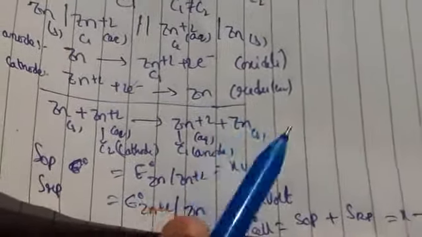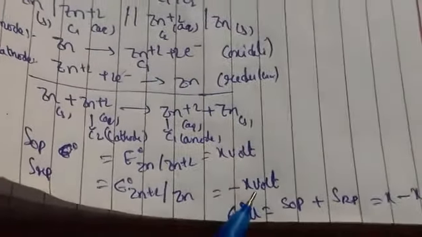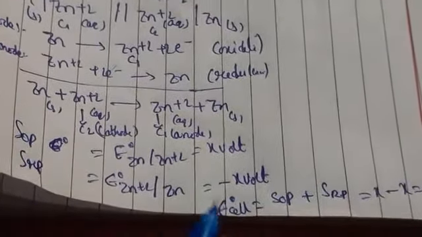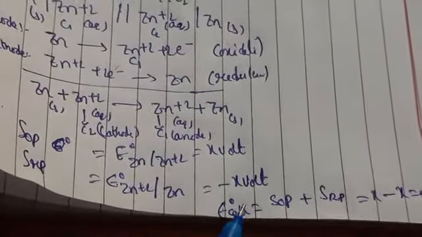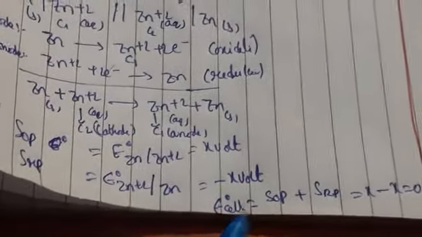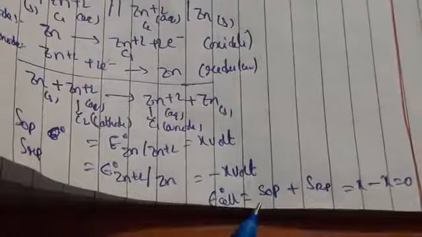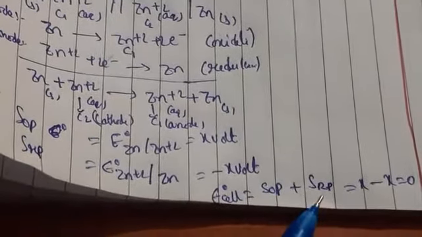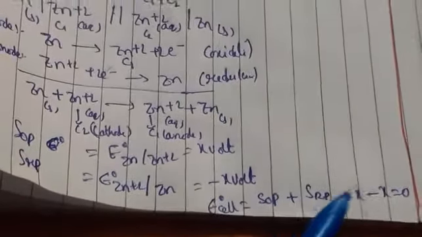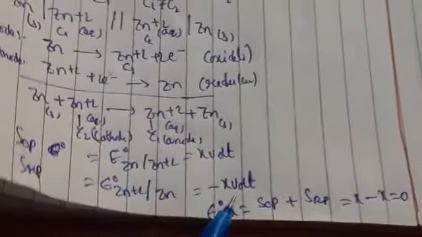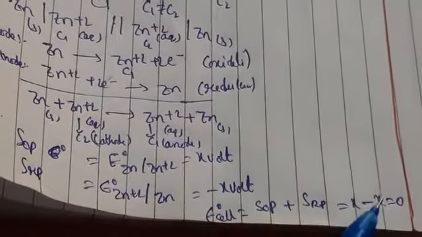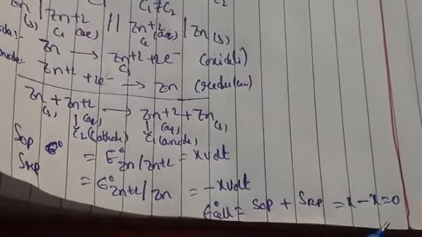This is the reverse of the reduction potential, so that's why we have kept minus x. Minus x indicates reverse. So when you write E0 cell, you get the sum of the standard oxidation potential plus the reduction potential. When you add x and minus x, you get 0. That's why E cell is equal to 0.